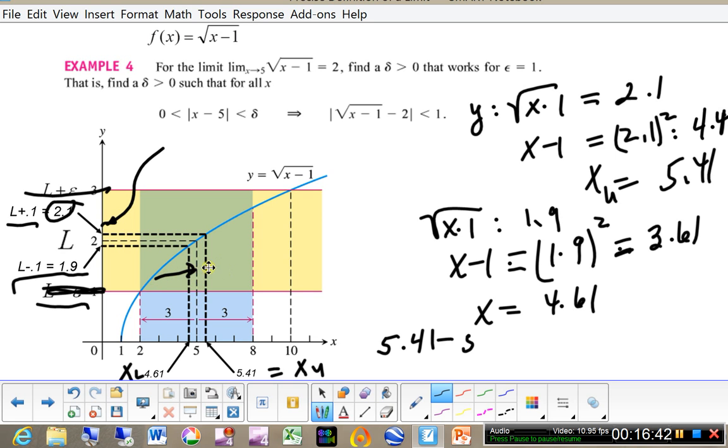That's this distance, which is 0.41. And we also need to calculate 5 minus 4.61, which is 0.39.